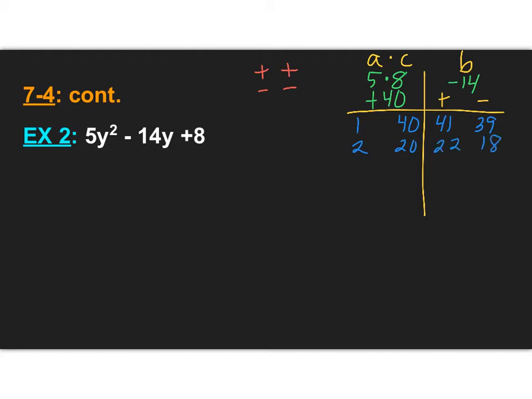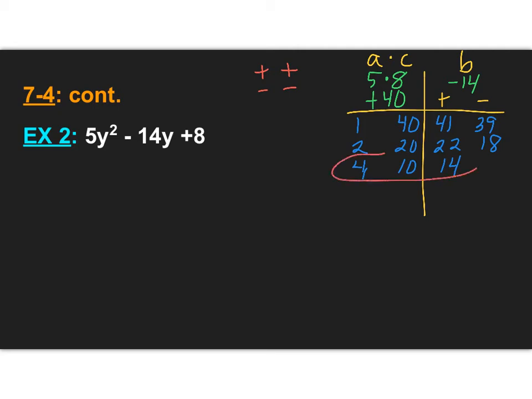Subtract them, you get 18. Not our middle term. The next number after 2 is 3. 3 does not divide into 40, so we move on to the next number, which is 4. 4 divides into 40 10 times. If we add them, we get 14, and I can stop right there.